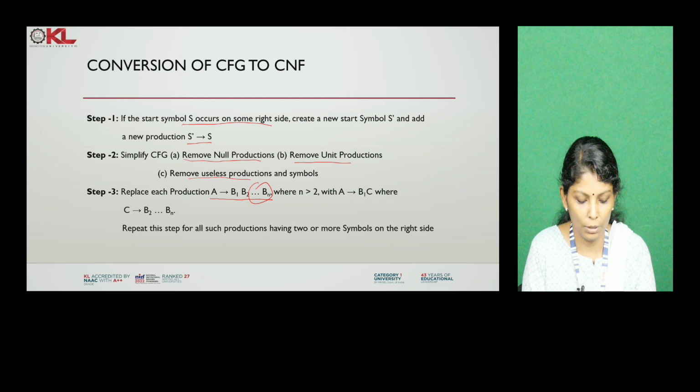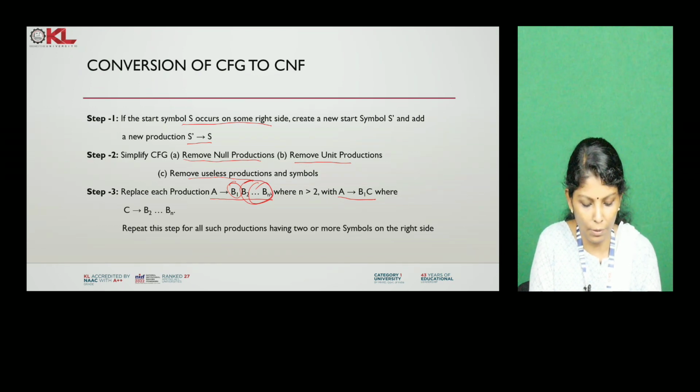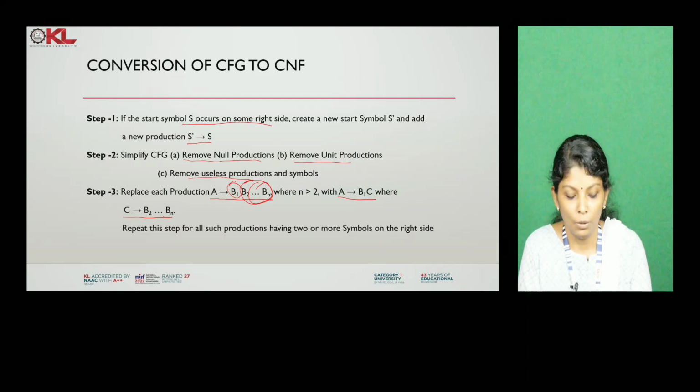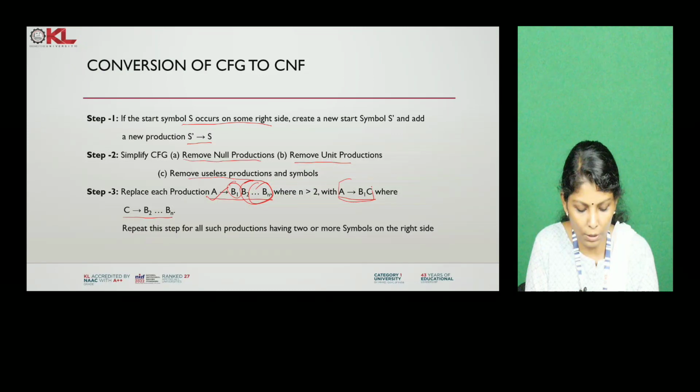So what we do is we convert this production rule into this: A gives B1, and for the remaining part, we take out the first variable, and the entire remaining string of variables we assign to another variable called C. So this particular production is converted into the CNF format.